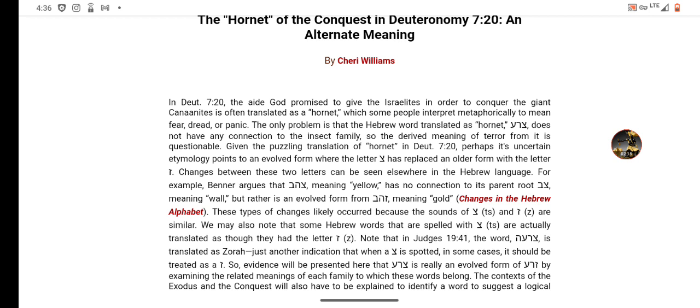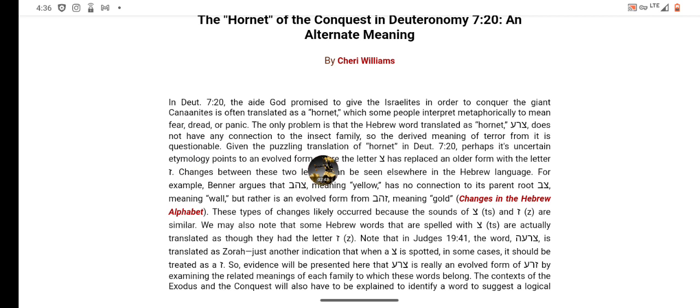The only problem is that the Hebrew word translated as hornet, these group of Hebrew letters, which are modern, and you're gonna hear me refer to them like that because I'm not too familiar with the Yiddish, which is modern Hebrew. Of course, at Drop Nation, we dig on the oldest form, which is Paleo Hebrew.